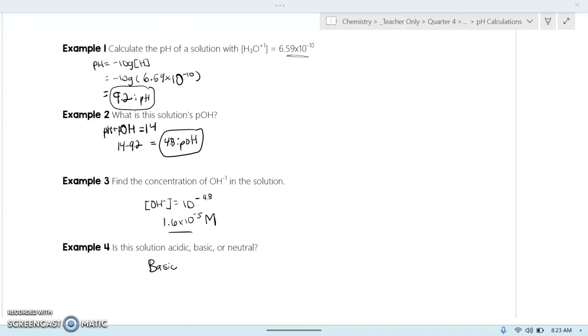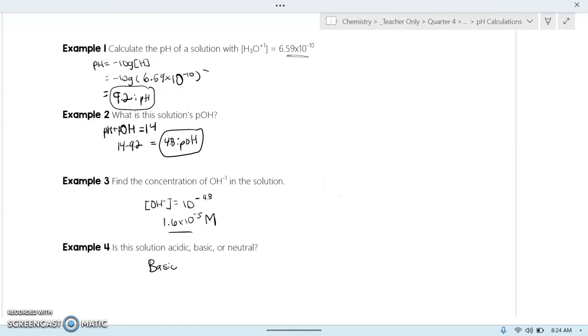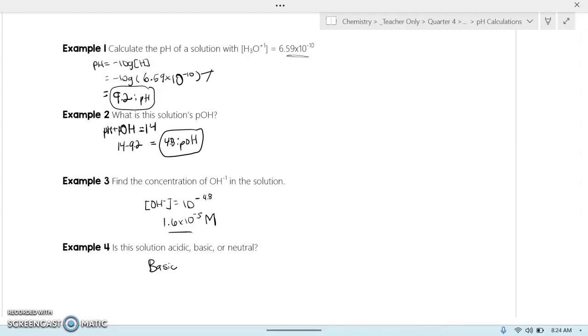So this is from the notes. I'm just going to go through how to put all of this in your calculators, and then hopefully that will help you. So we already did the work here, but putting into your calculator this guy here, the negative log of the concentration of our hydronium.